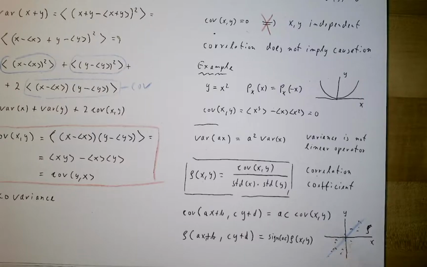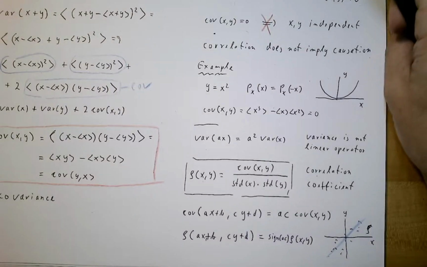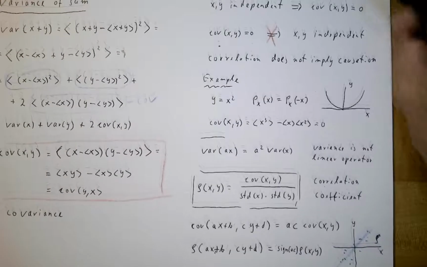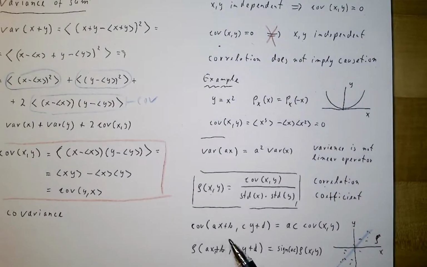If this is a negative tendency, then you have a negative correlation, and if the points lie in a circle, you would have correlation 0. So that's all we need to know about multivariate distributions.